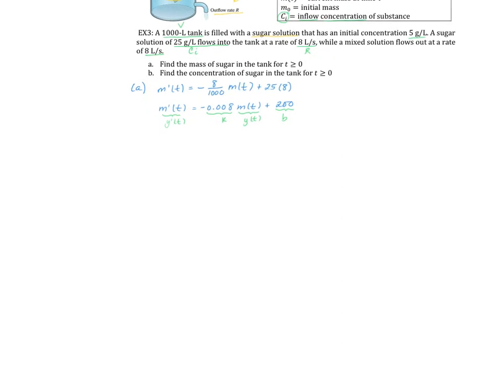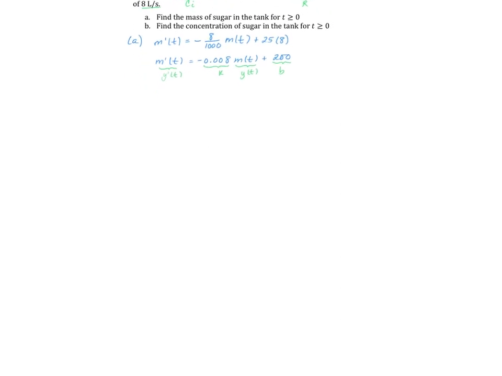And I know what that solution is supposed to be. The solution is going to be m of t is equal to some constant c times e to the, in this case it's kt, and our k is negative, so negative 0.008 t minus, and then since our b is a plus and our k is negative, it's going to be minus minus or plus, and we'll have 200 over, or b over k.